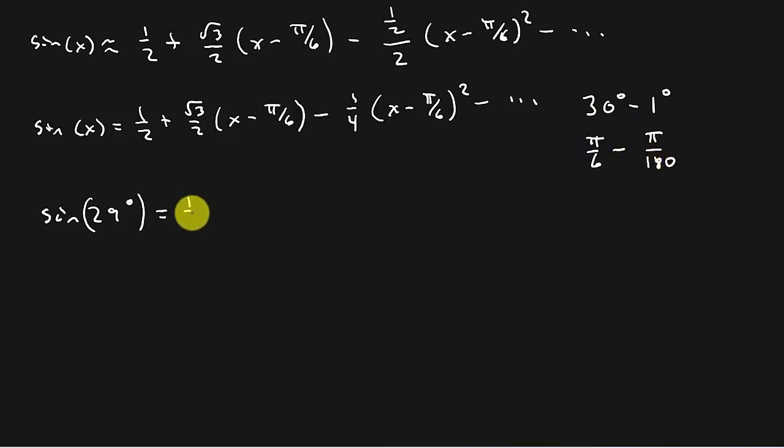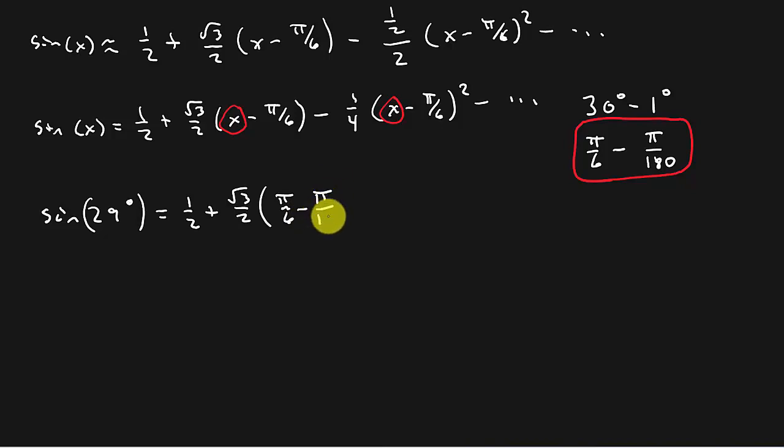Watch this. So this is going to be 1/2 plus square root of 3 over 2 times, now look, in the place of x, I'm putting this in. So that's going to be pi over 6 minus pi over 180 minus this pi over 6.